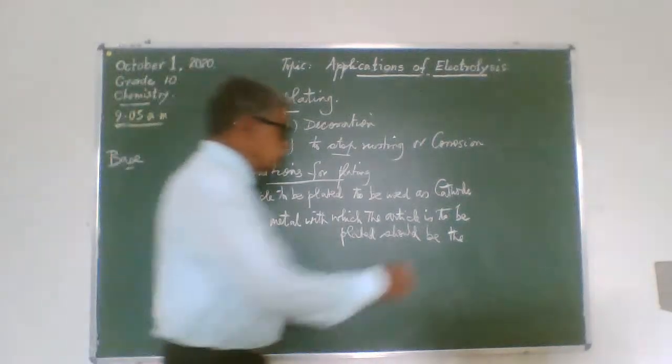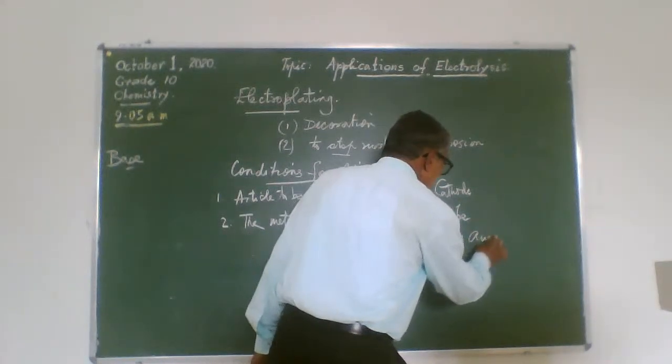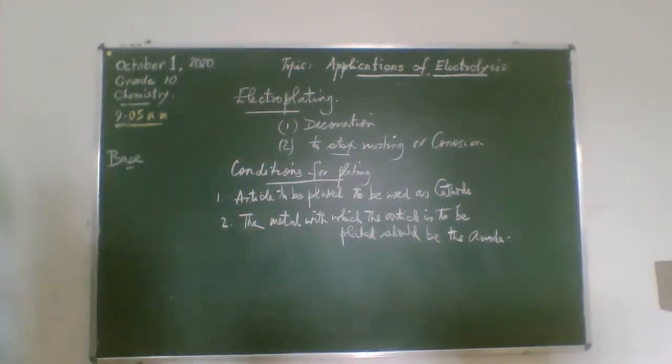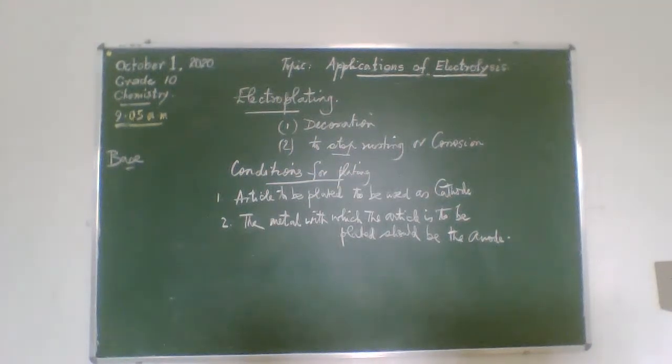Anode. It should be anode. That should be the anode. Suppose you want to plate with gold, a gold bar or gold plate should be the anode. If you want to plate with copper, a copper bar should be.